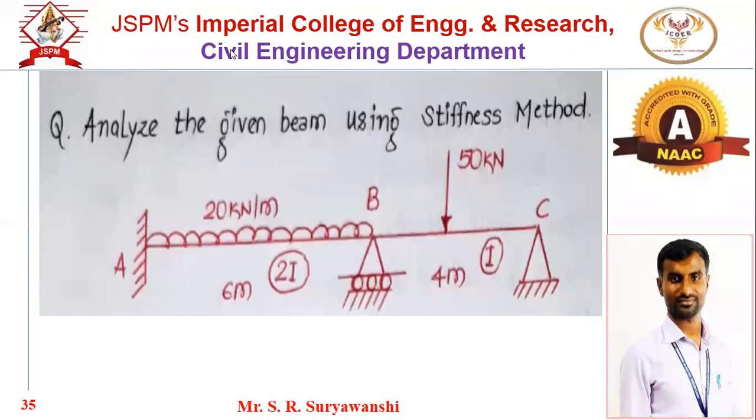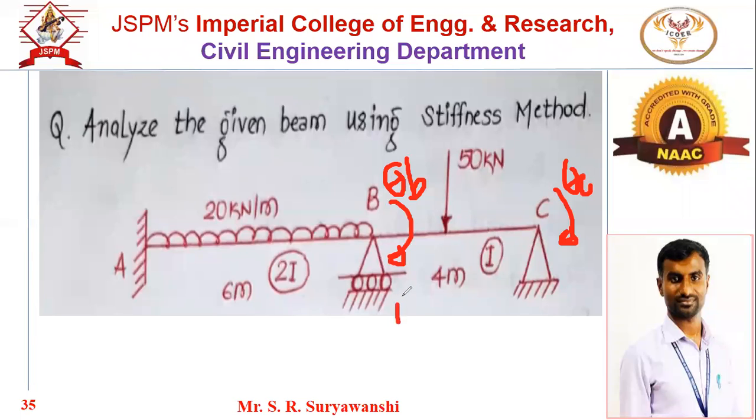Theta B and theta C, so 2 degrees of freedom. So DKI is 2.